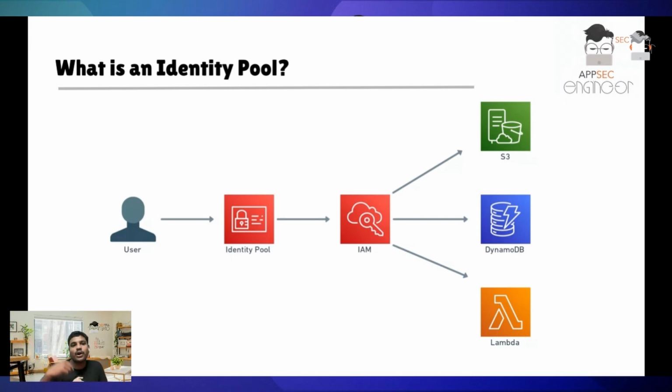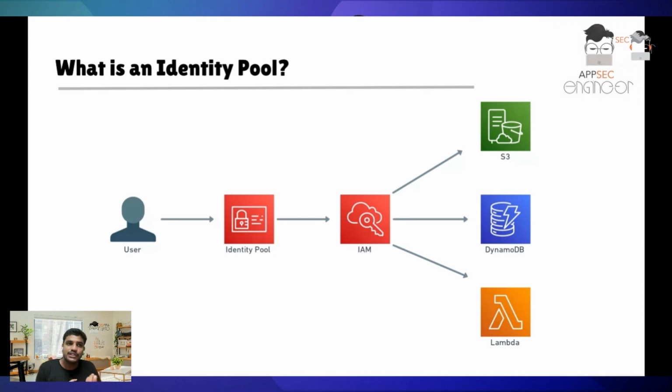If you want to upload an object to an Amazon S3 bucket, you need some sort of access to be given to an end user. This can be done using identity pools. Identity pools provide a unique identifier for each end user, which is commonly known as a Cognito identity.